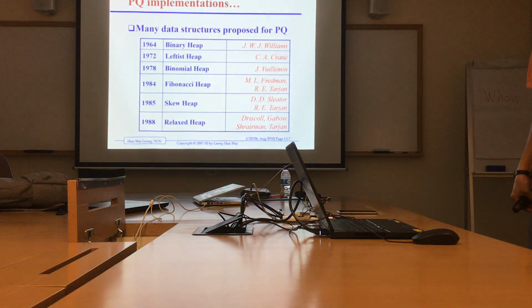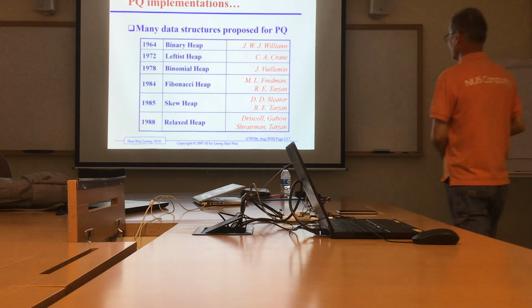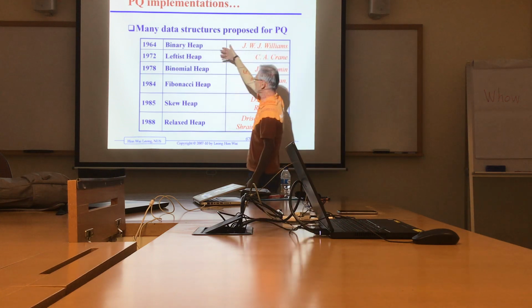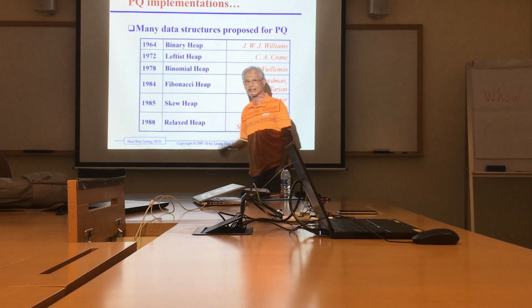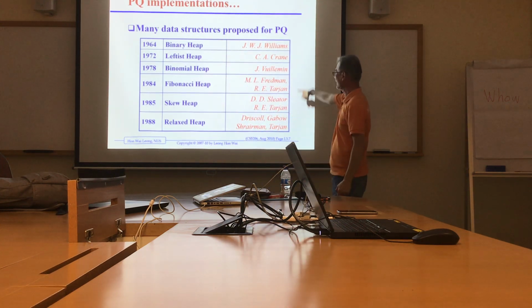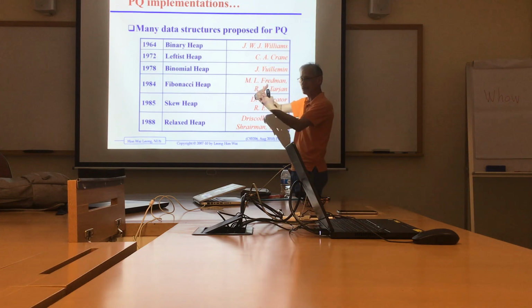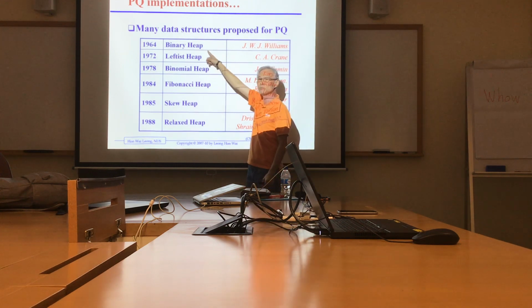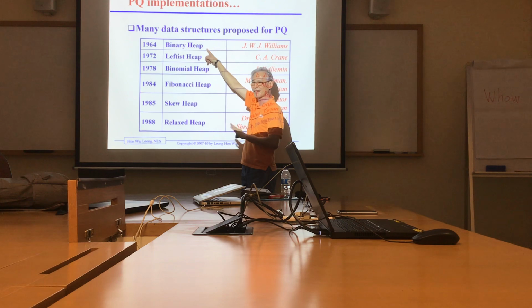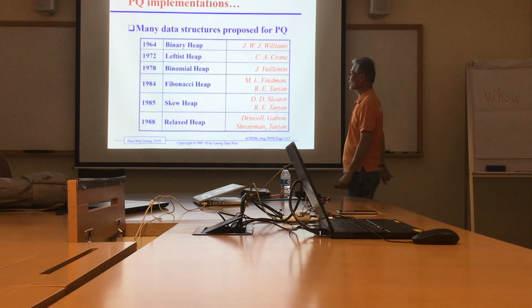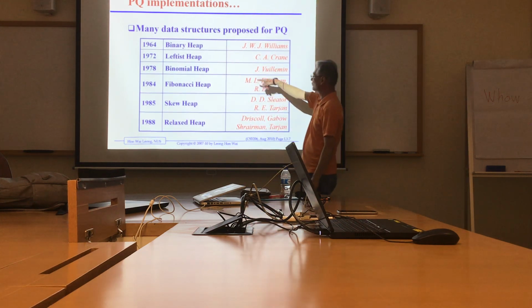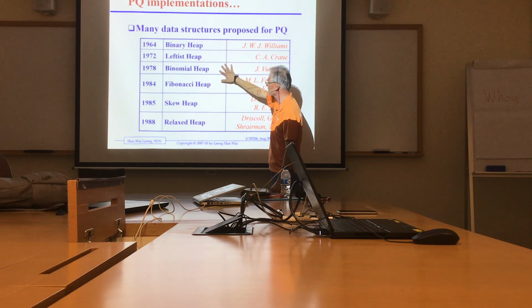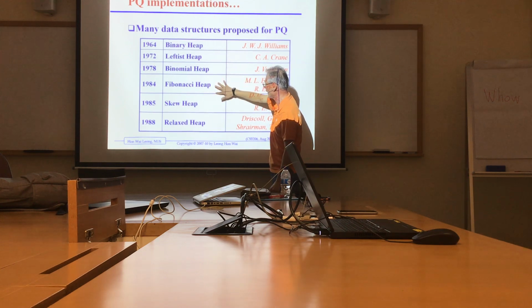If you look at Fortran and all these early languages, they don't use dynamic data structures. But eventually, once we have dynamic data structures, leftist heap was the first one that allows you to merge two heaps together. Merging two binary heaps is a killer, it's a no-go. And we'll tell you the motivation why binomial heap was invented and why Fibonacci.